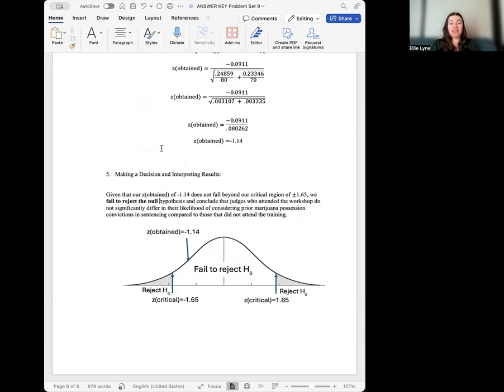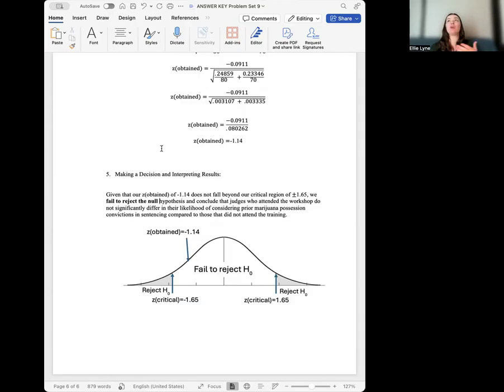It's not a big enough one that we could say that for both questions 1 and 2. And so even though there's a little bit of a difference here, it's not big enough that we could confidently say that it was the program itself that may have been the actual influence on these judges. And so that is something that we could report back to those individuals that did that training. And they could then use that information to either go back and maybe rework some of the training materials that they may have implemented, or kind of rework how they might approach that in the future, right?